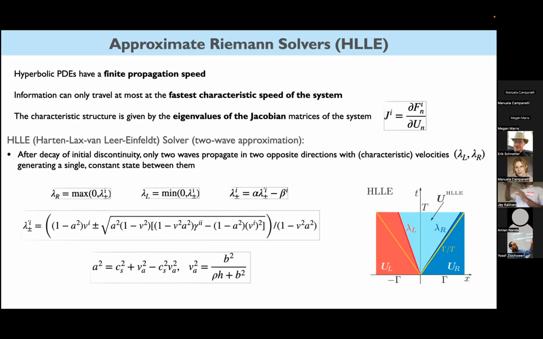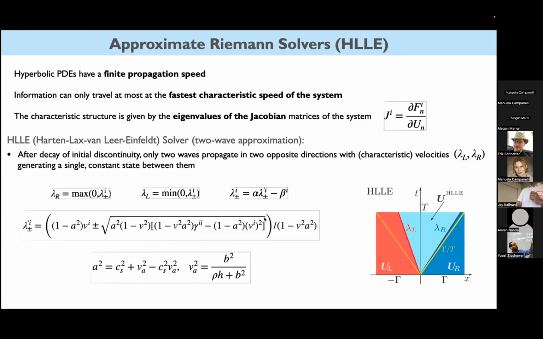And as you probably know, hyperbolic PDEs have a finite propagation speed, so there is a limit to the characteristic speed of the system. The structure is essentially given by the eigenvalues of the Jacobian matrices of the system. So you have to compute these eigenvalues, and the simplest approach is HLLE, a two-wave approximation, where you have this initial discontinuity that decays over time.